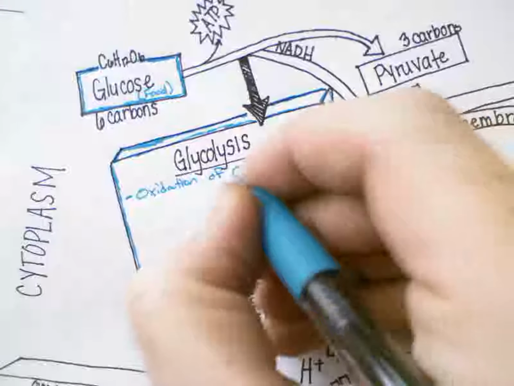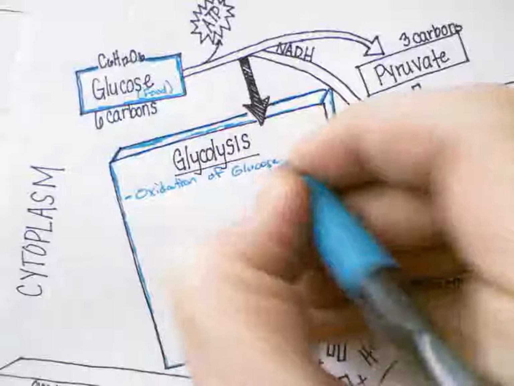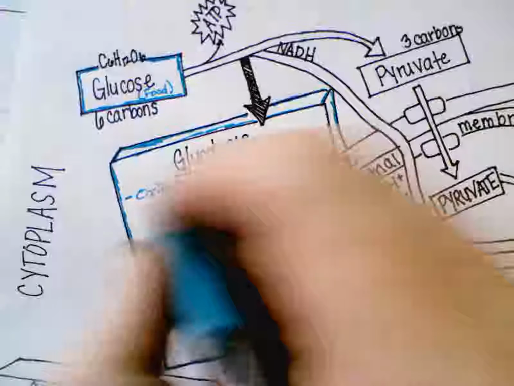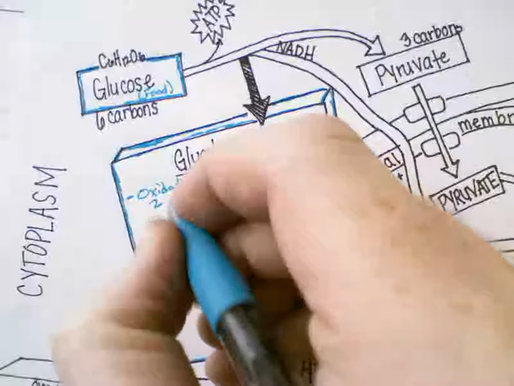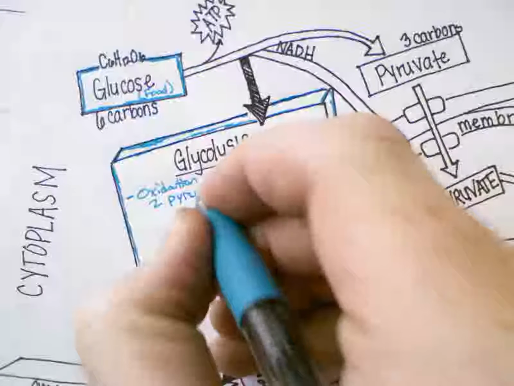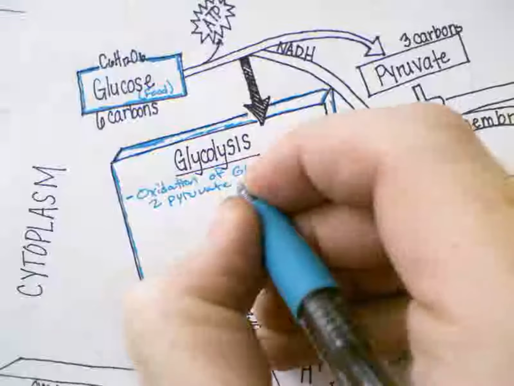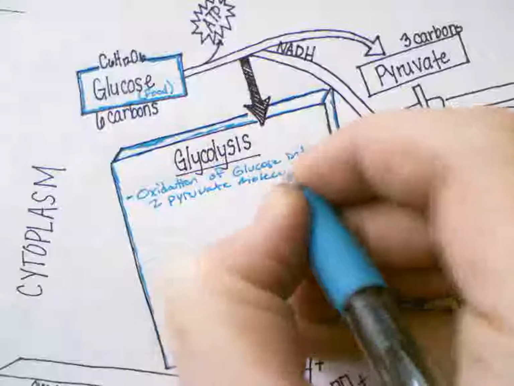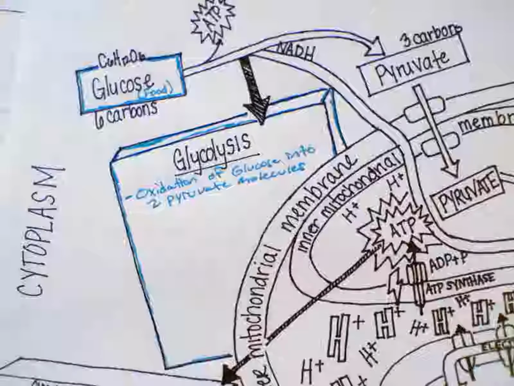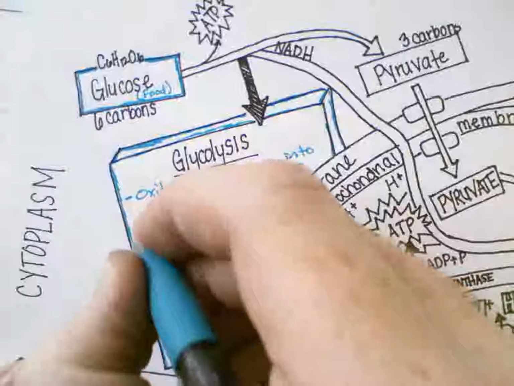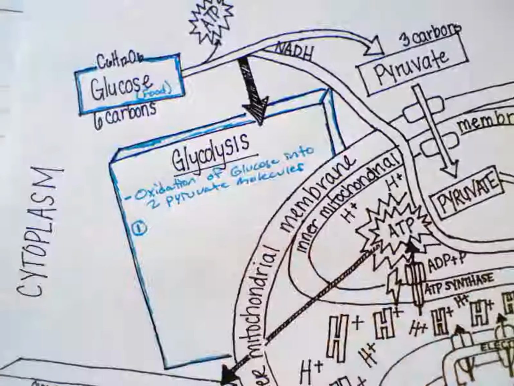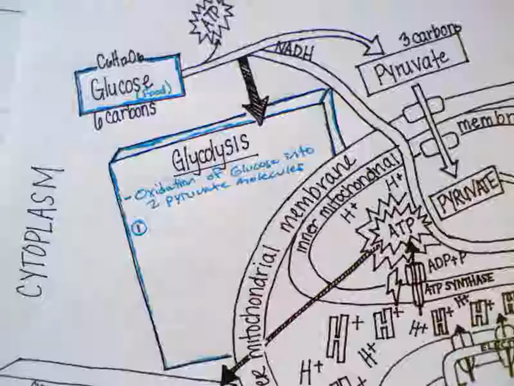Oxidation of glucose into how many pyruvates? 2. 2 pyruvate molecules. Okay. And then along the way, some things happen. You don't need to know all the 10 steps of glycolysis, because holy cow, who has time for that?